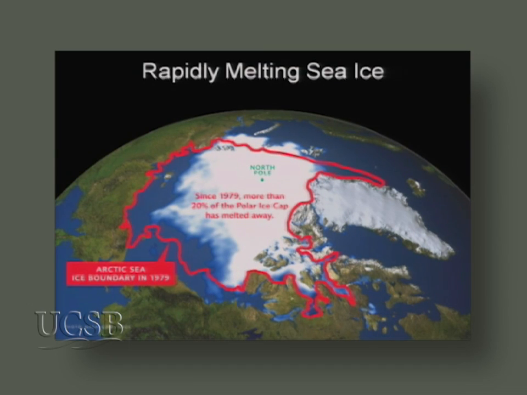Some of the more regional effects, this particular year again shows a great decline in the summer minimum of the Arctic ice extent, and the 2010 or 2011 extent is almost equal to the, I believe it was 2008 that was the lowest, or 2007 that was the lowest area covered, and so it continues to recede.